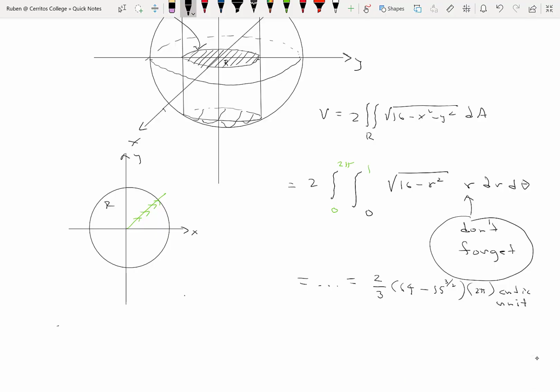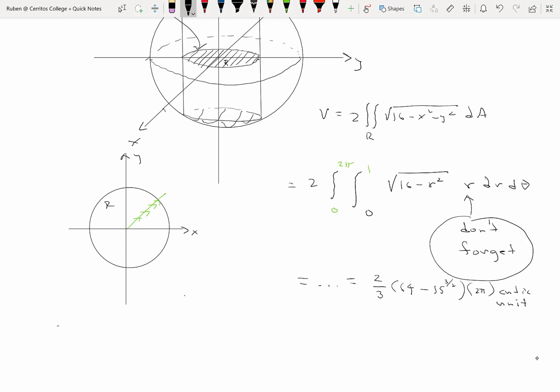I hope you noticed that the evaluation of double integrals depends entirely, for us at least, on what the projection of the solid that we're considering in 3-space is in 2-space, in the xy plane. And to develop the actual techniques for evaluating double integrals, we looked at different regions.